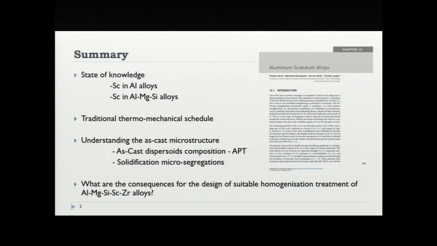When magnesium and silicon are added to scandium zirconium aluminum alloys, it actually changes the formation kinetics of the dispersoids. We look at this using atom probe tomography and transmission electron microscopy, and we'll also look at some solidification microsegregation. And the final point of the talk is how we will homogenize these alloys, and that's why it follows up quite well on Nick's presentation.